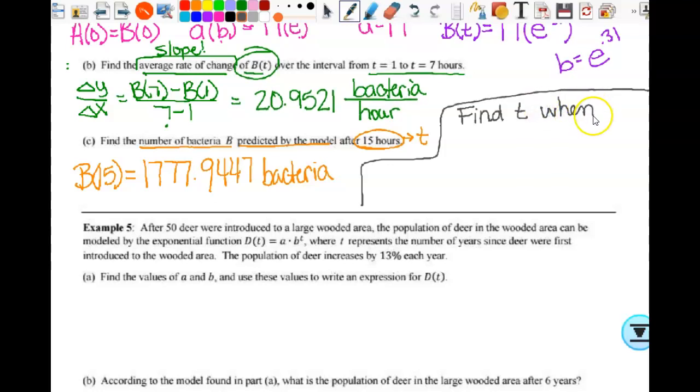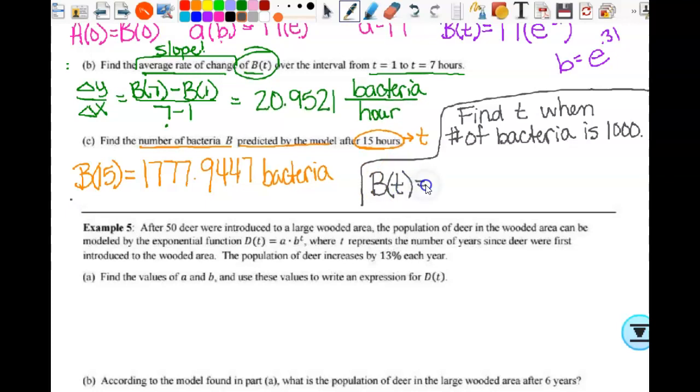We're going to find T when the number of bacteria is 1,000. So on this one, they gave us T, and we found B of T. Here, we have B of T, and we want T, right?